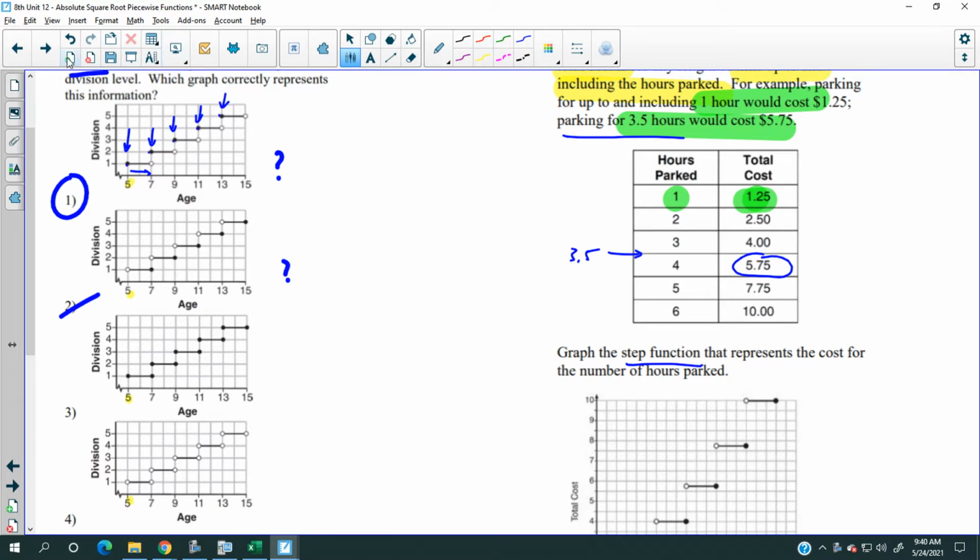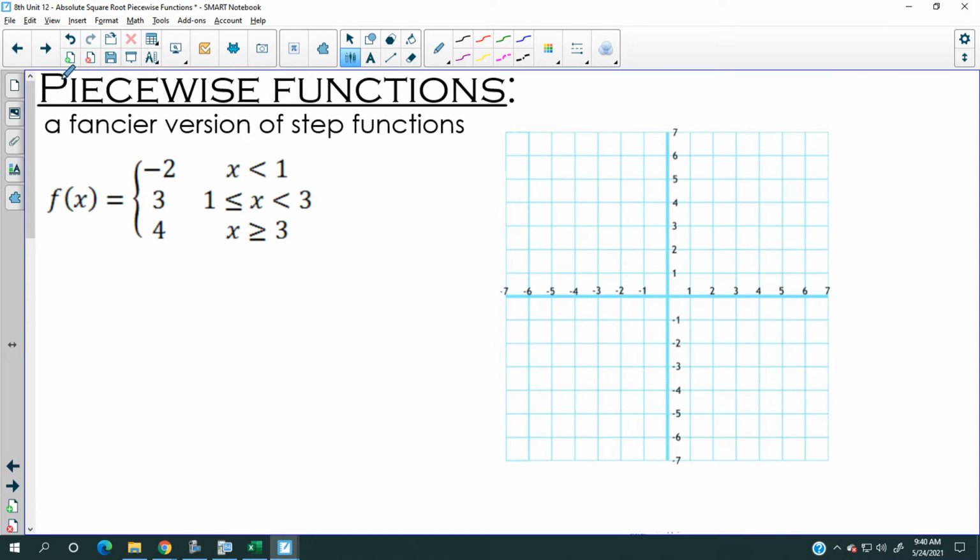So what we're going to do today is look at a step function and start adding some crazier stuff. Instead of having just numbers assigned values with a flat line, for example, for x less than 1, an open circle and going on and on, we're going to look at slope-intercept form, so linear functions.